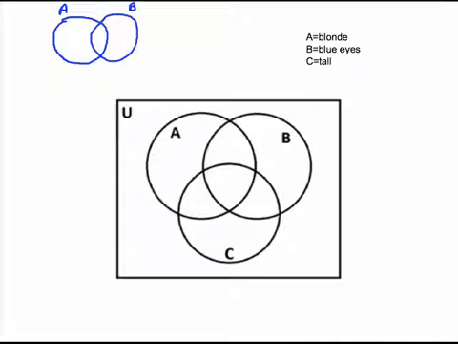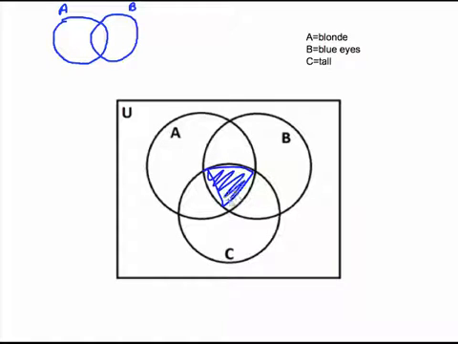Before we do Venn diagram problems with 3 sets, let's look at a blank 3-set Venn diagram and name all of the regions. We want to start in the innermost, most specific region, which is in here.